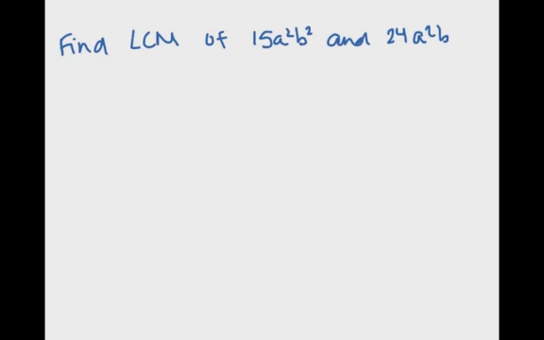Alright, now we're going to find the LCM, or least common multiple, of 15a squared b squared and 24a squared b. Alright, so first we're going to look at the numbers. Alright, and we want to find the least common multiple of 15 and 24. So I'm just going to start writing out the multiples of 15.